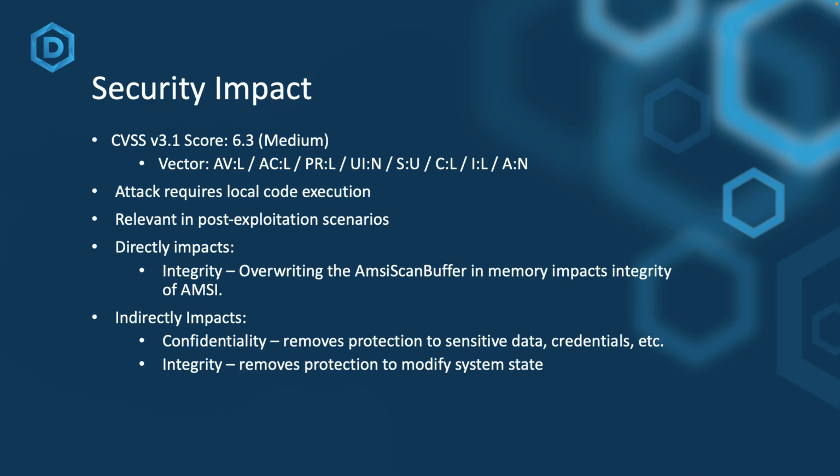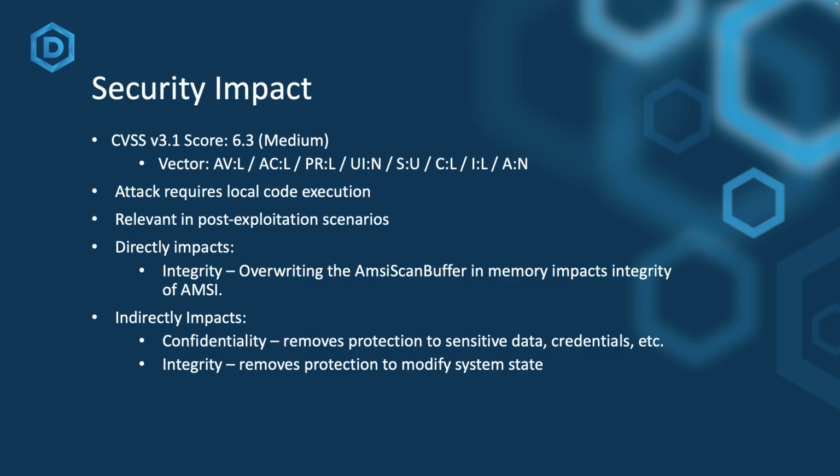So the security impact of what this looks like. On the CVSS version 3.1 scale, we're looking at about a 6.3, which is about a medium. This is mainly due to the fact that the attack requires local code execution, so you have to have a user account or some sort of user access onto the system where you are able to run PowerShell or command line or something of that sort.